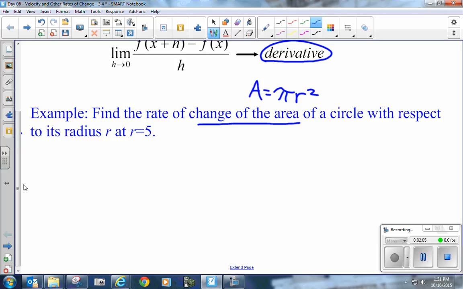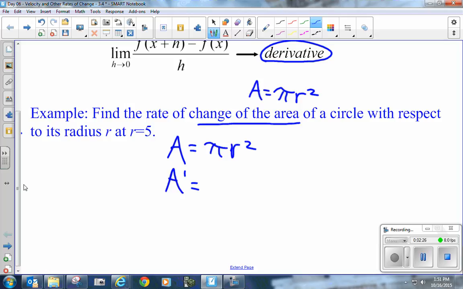Okay, let's find the rate of change from the area, pi r squared, which means if area equals pi r squared, what is the derivative? Remember, pi is 3.14 blah blah blah. It's a constant. And how do we handle constants when we take the derivative?